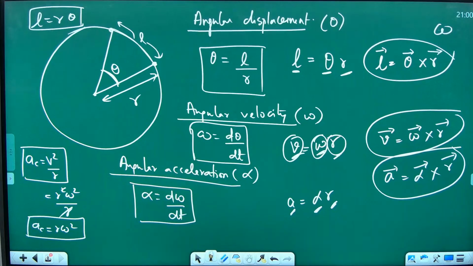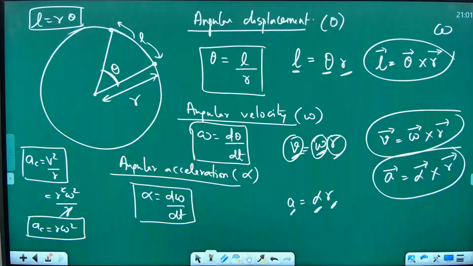A body of mass 10 kg revolves in a circle of diameter 0.4 meter, making 1000 revolutions per minute.